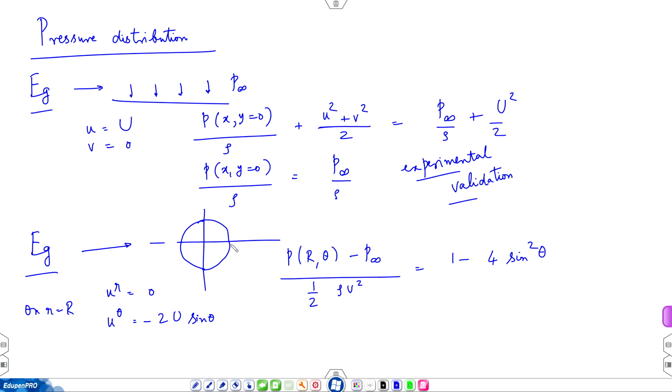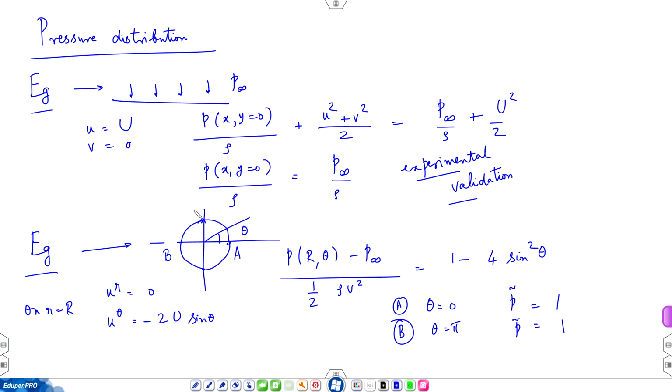At theta equal to 0, this is theta equal to 0, right. At theta equal to 0, that is point A. Let us say this is point B. At theta equal to 0, this pressure ratio, let us call it P tilde, is equal to 1, and at theta equal to pi, which is point B, P tilde is again equal to 1.